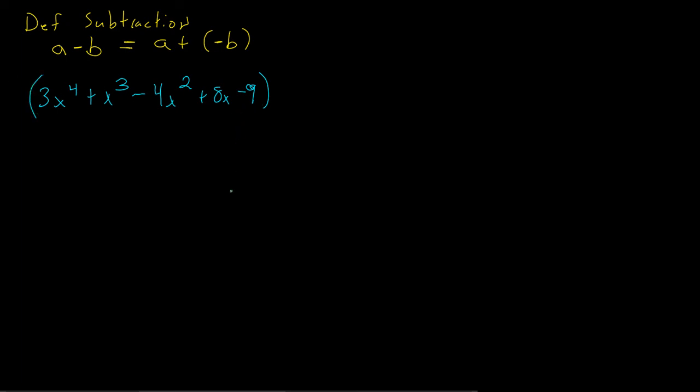Now sometimes you'll get a polynomial, especially when you're first doing these in the book problems, where they're not in descending order. The first thing I do is always put them in descending order. And I'm going to subtract from it another polynomial, fourth degree, in descending order.